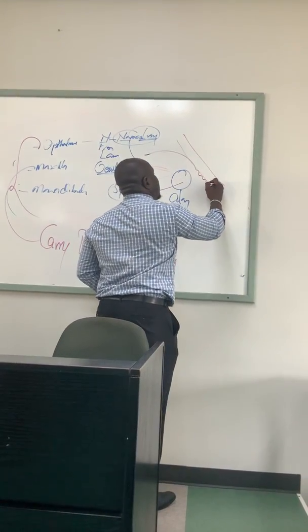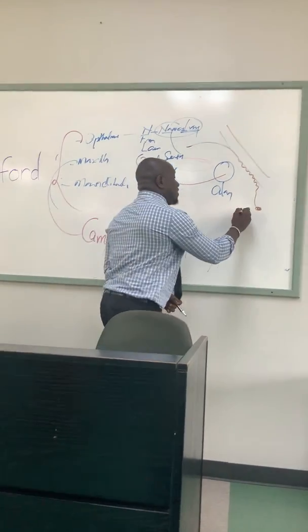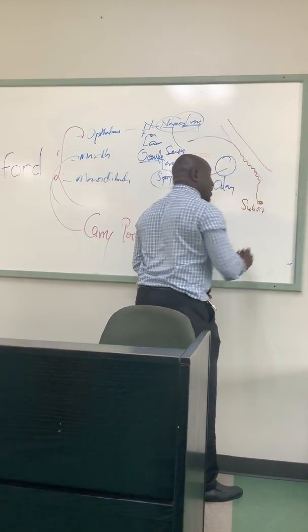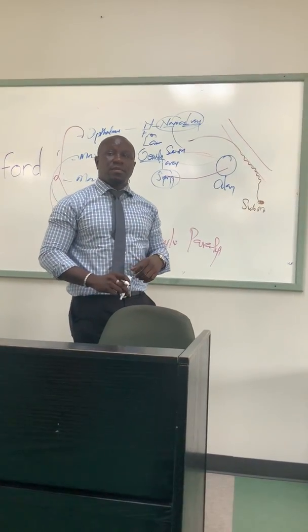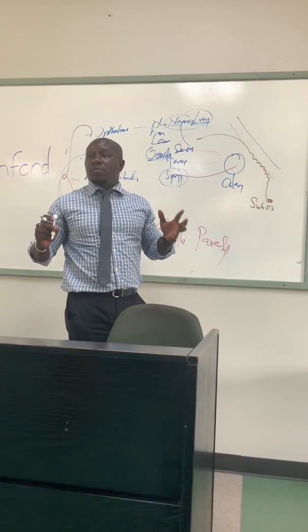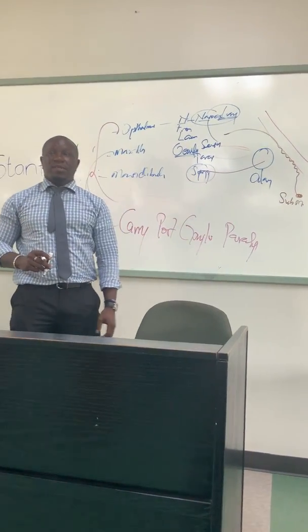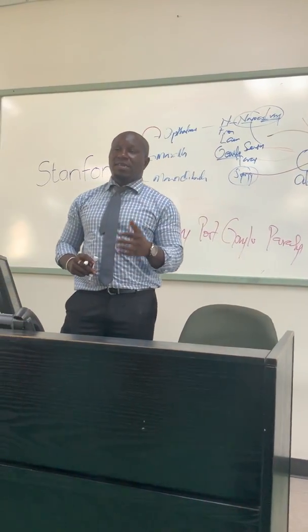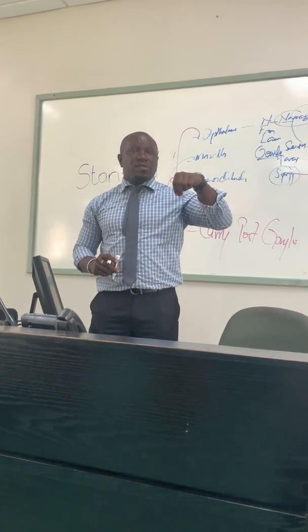What nerve is this? Chorda tympani. And it synapses where? Submandibular ganglion. So everything carried before was preganglionic fiber. That's the only exception. But every other one carries what? Postganglionic parasympathetic.